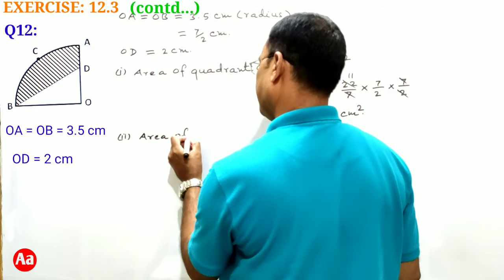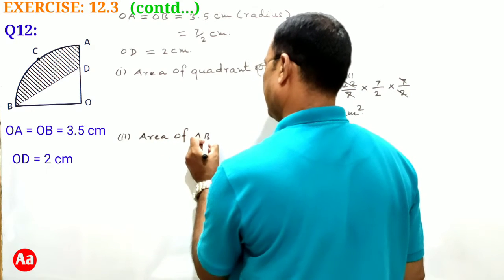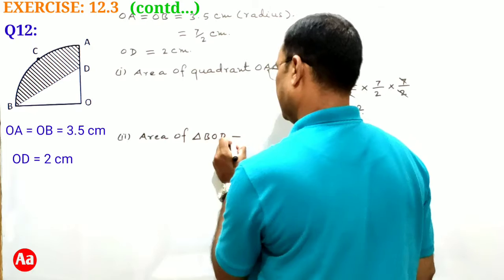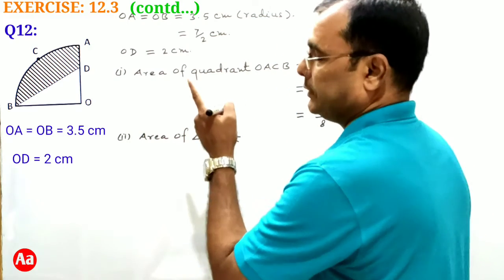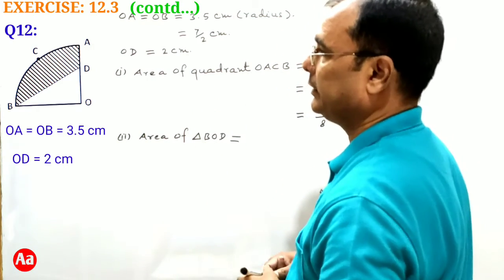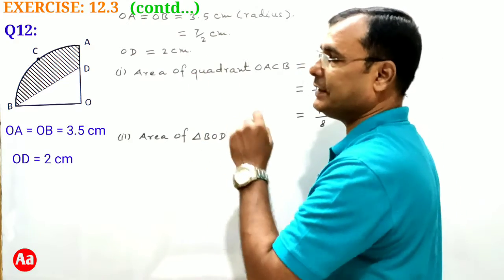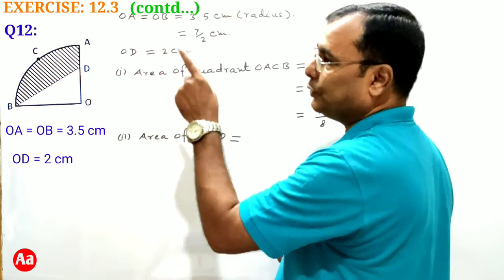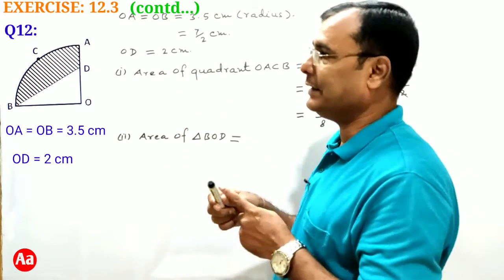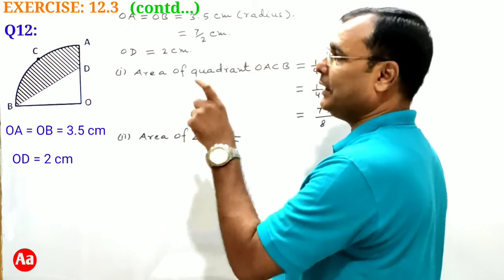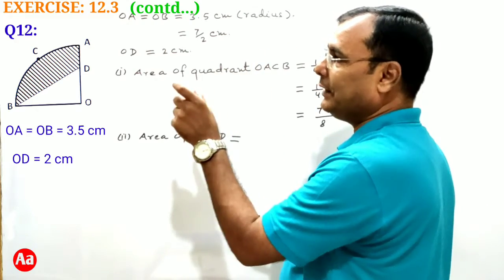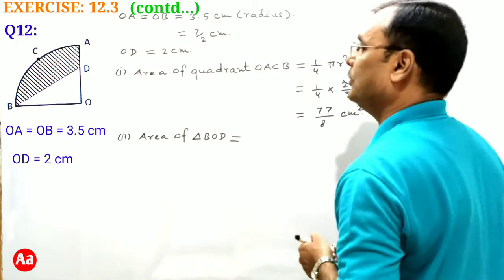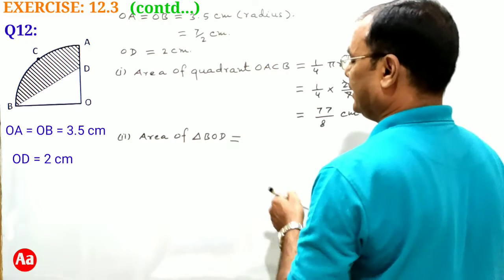O is the center of the quadrant OACB, so angle BOD, or angle BOA, is a right angle. That is, OB and OA, or even OB and OD, are perpendicular. So triangle BOD is a right angle triangle.